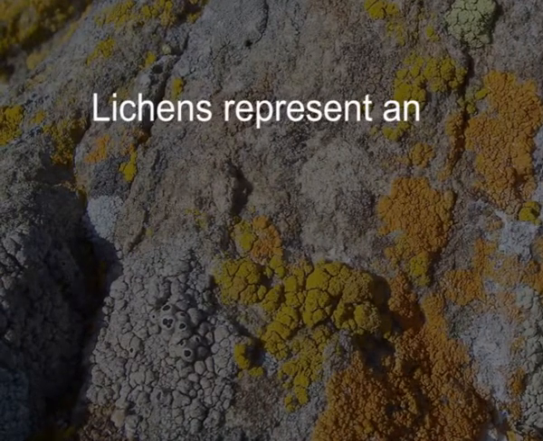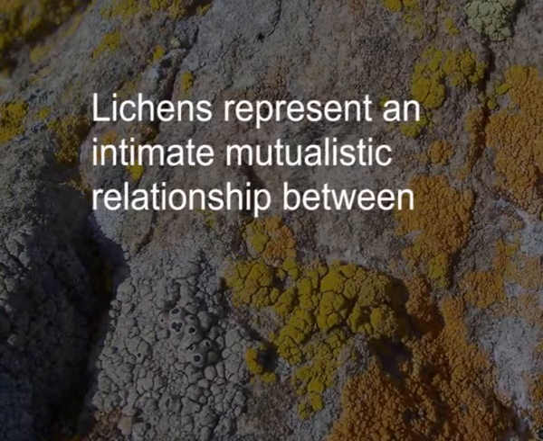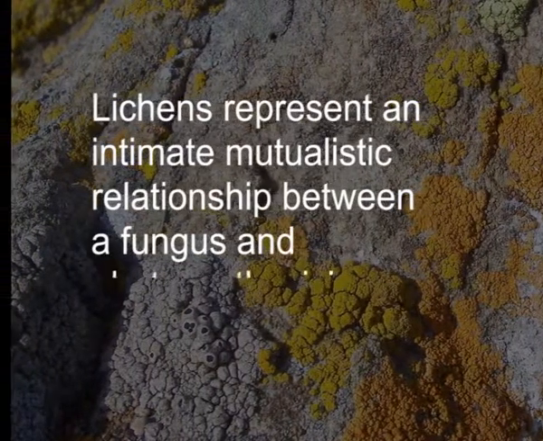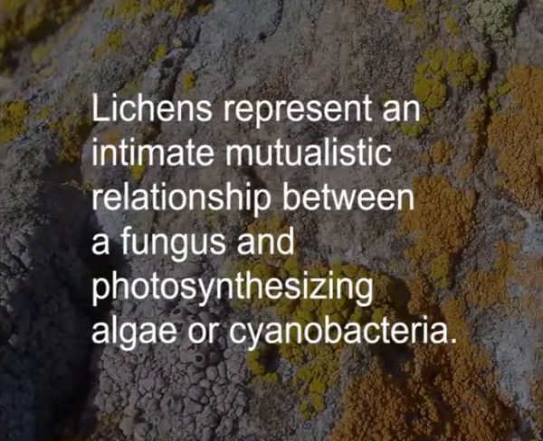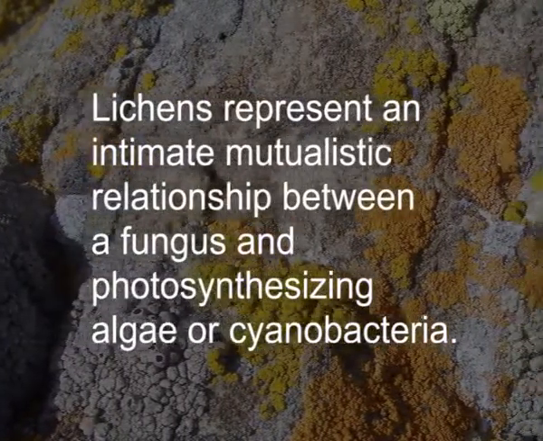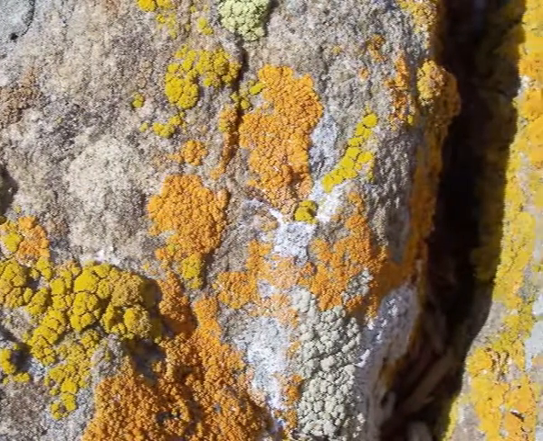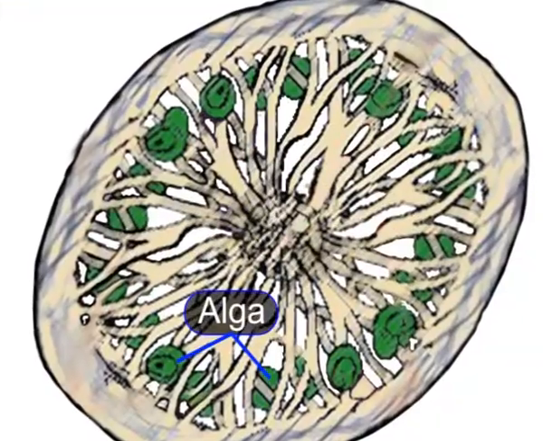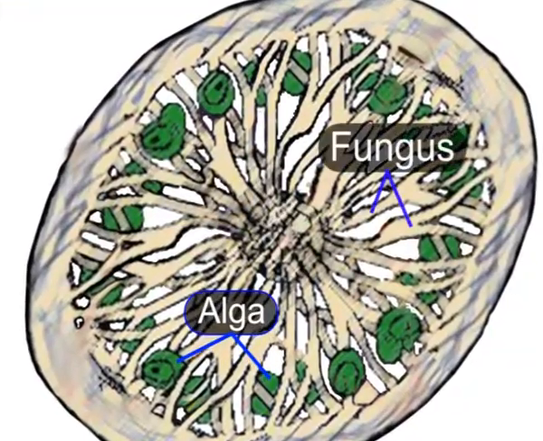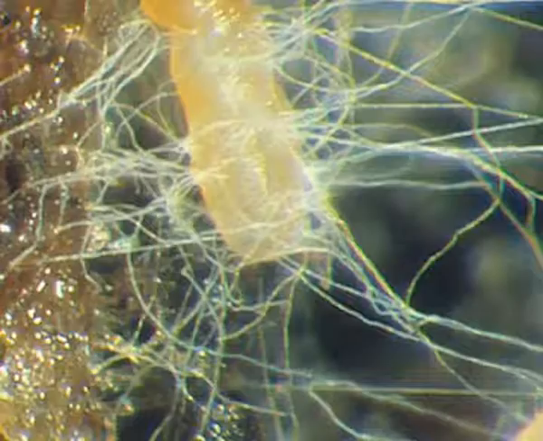Lichens represent an intimate mutualistic relationship between a fungus and photosynthesizing algae or cyanobacteria. The fungus provides water, minerals and shelter to the alga. The alga manufactures food not only for itself but also for the fungus.